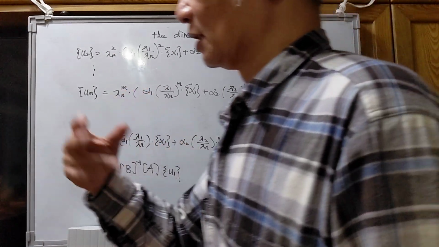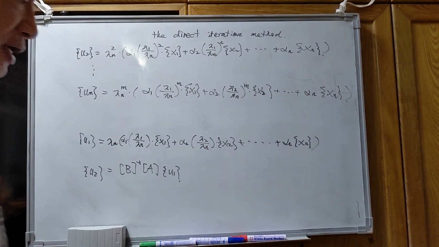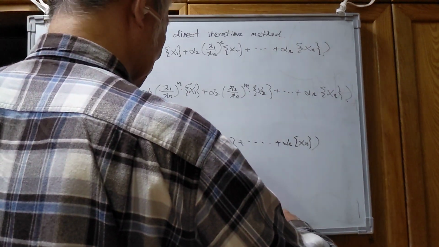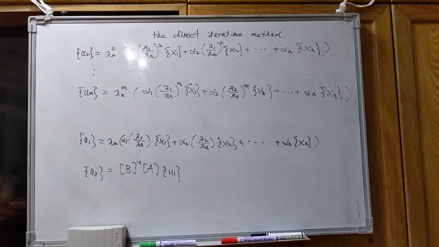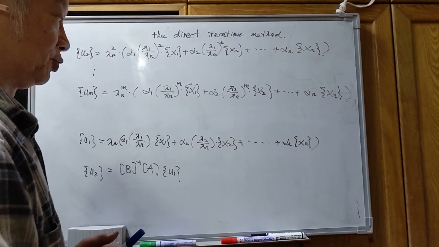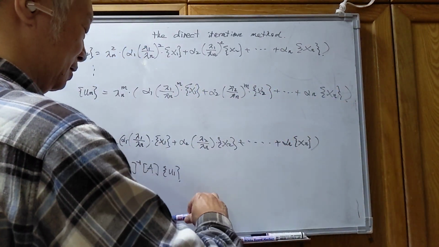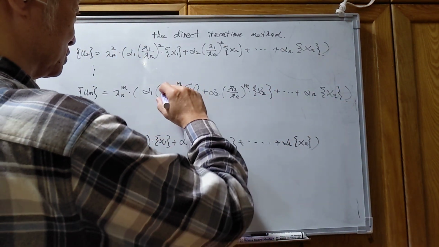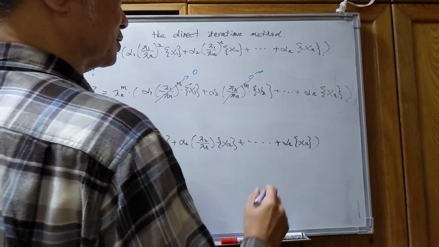So after we increase the number of iterations, the coefficients of the x1 and the x2 will be relatively smaller than the last term. The values of this one will go to 0.